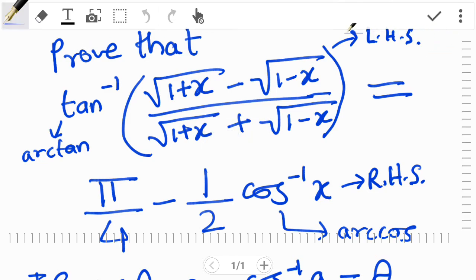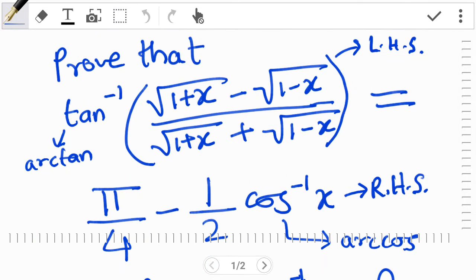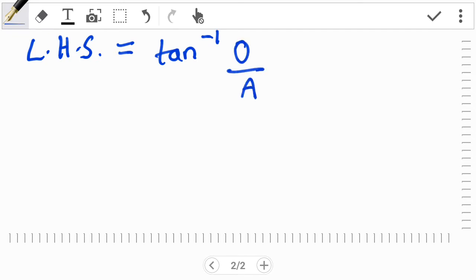Just for the sake of simplicity, call this numerator as O and this denominator as A. So the LHS is actually tan inverse of O over A, correct?